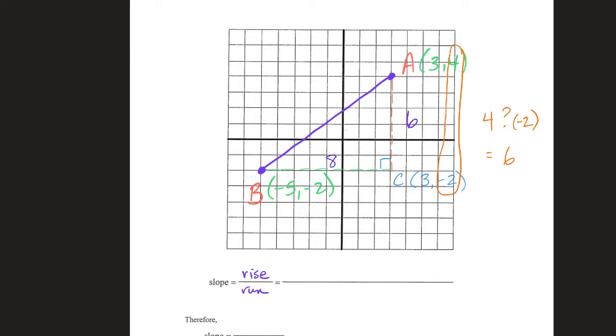Okay, let's take that and leave that for a second. Because again, I hope you can see my run on my diagram, my 8. And if we zero in, then maybe you can think about a number between my 3 and my -5 that would give me 8.